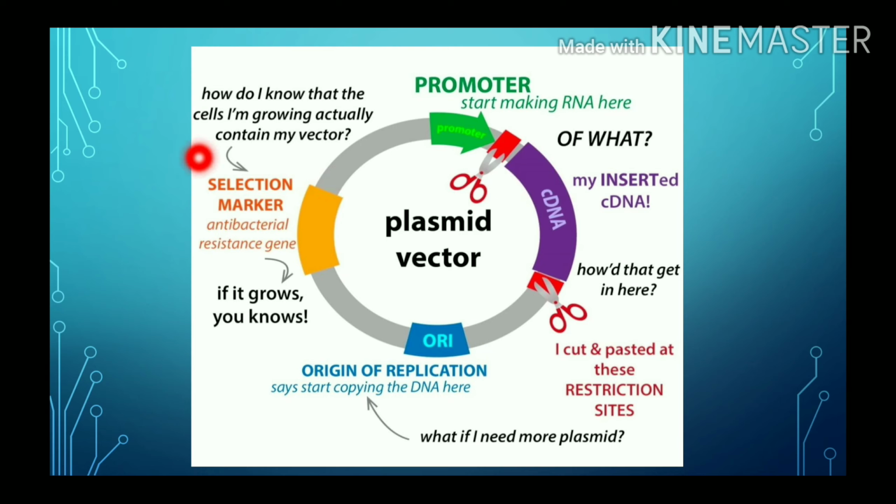In the name itself, selectable marker, it selects the transformant cells from the non-transformants. Non-transformants are the cells which did not take up the plasmid containing the foreign DNA, and transformants are the cells which took up the plasmids containing the target DNA, nothing but recombinant DNA.